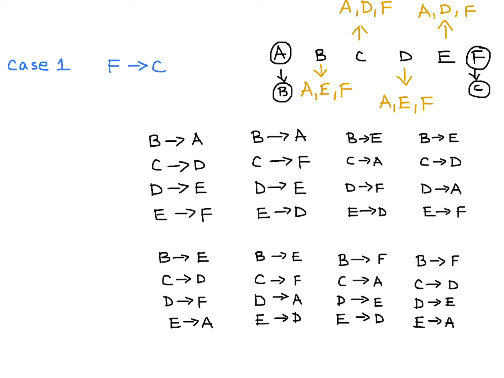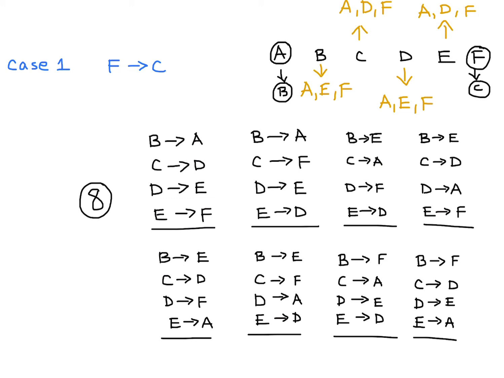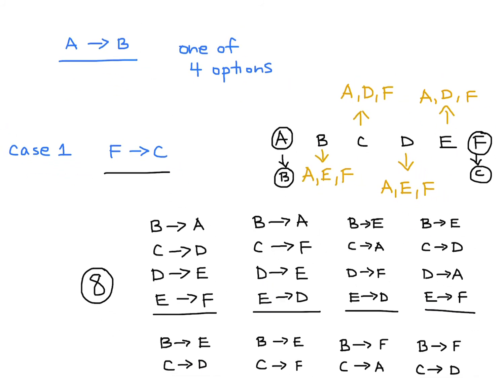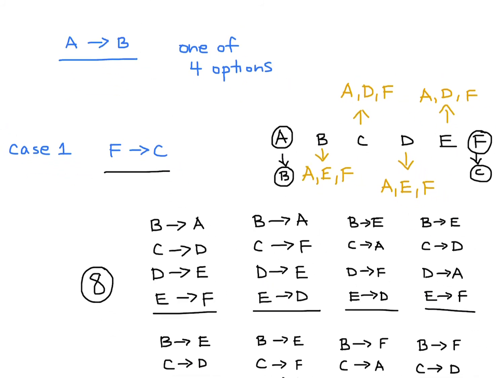I've written them all out. This is scenario number 1, number 2, number 3, number 4, 5, 6, 7, 8. So we've got 8 possible ways that this can be done, with F going to C and our original A going to B. Okay? So now let's move on to case number 2.